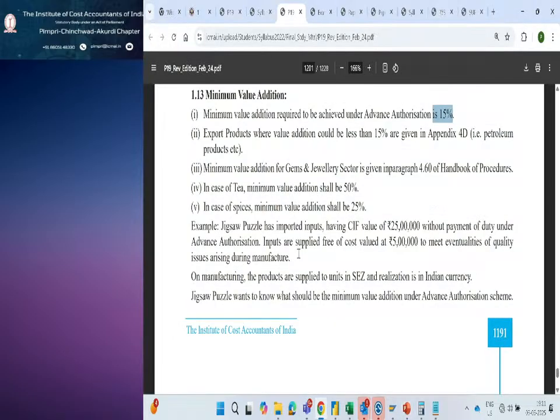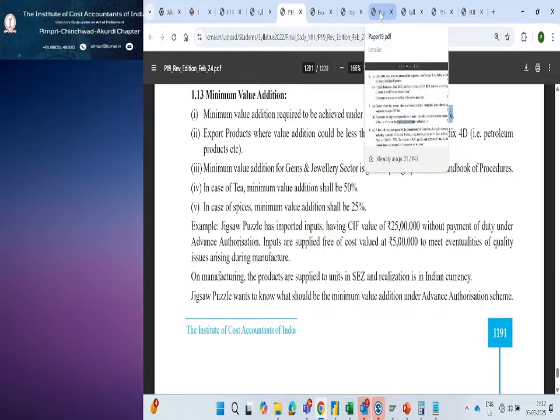I am just giving some relaxation now, because if we go back to the pre-export order, much more concentration is required. Just have a look at the difference and what percentage of value addition is required. That much we are seeing currently.